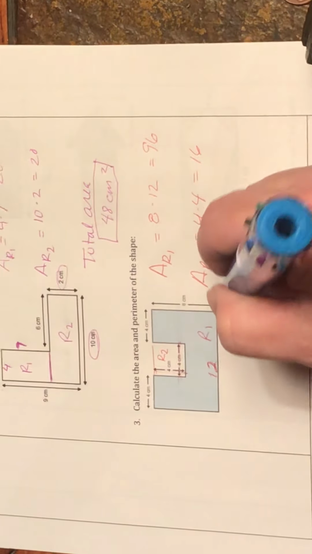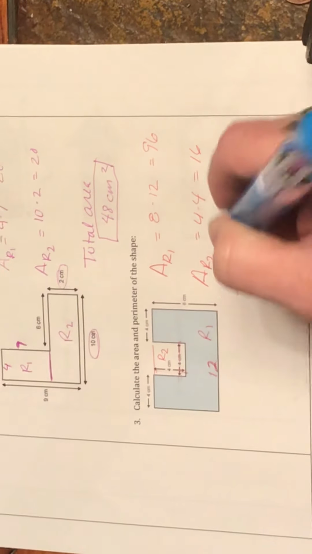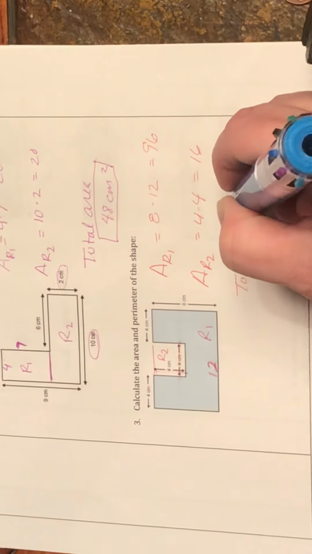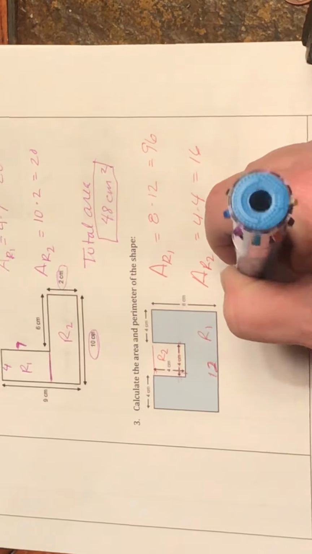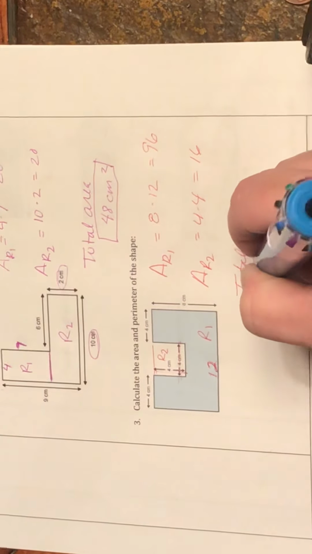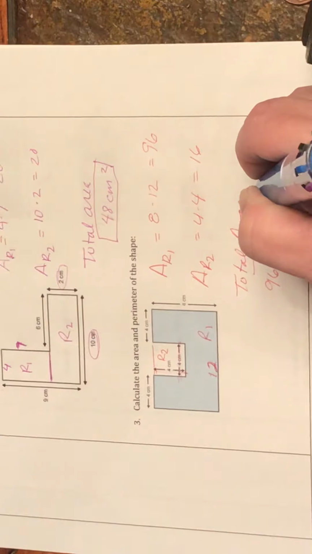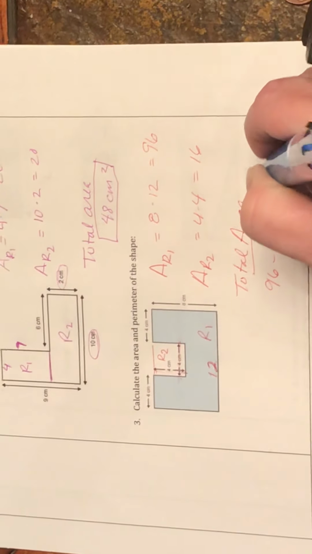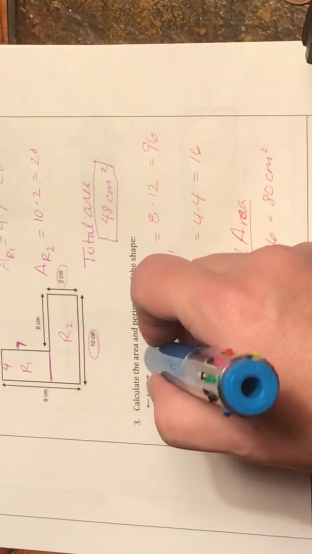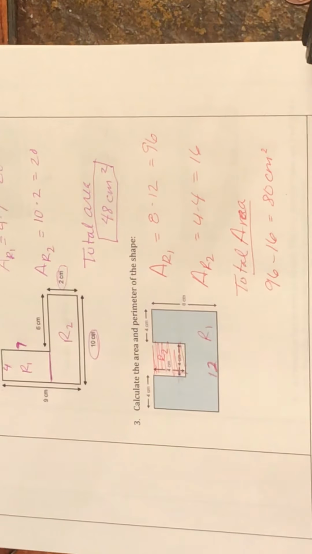So then my total area, this time I'm going to subtract, is 96 minus 16, which is 80 centimeters squared. So I subtracted out this piece to get my final answer.